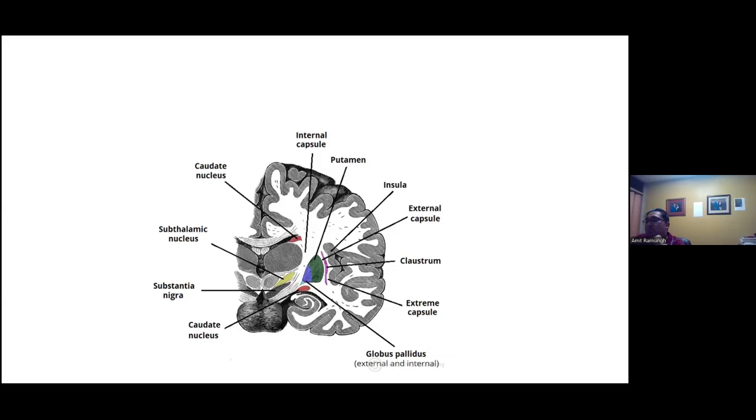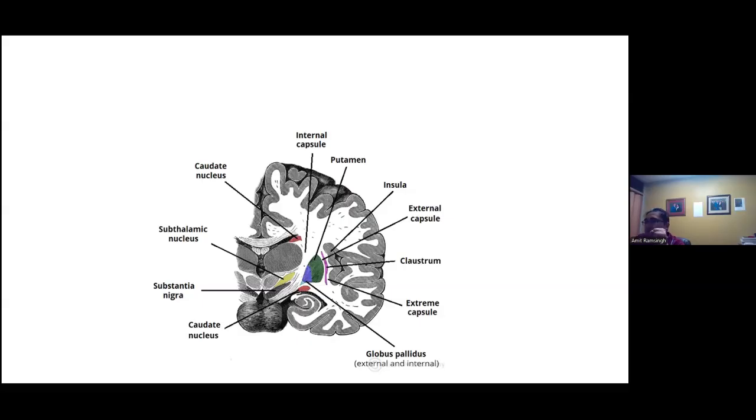Of note is that the main blood supply to the basal ganglia is usually that of the medial and the lateral lenticulostriate arteries. Medially, usually derived mainly from the anterior cerebral, and laterally derived from the middle cerebral arteries.